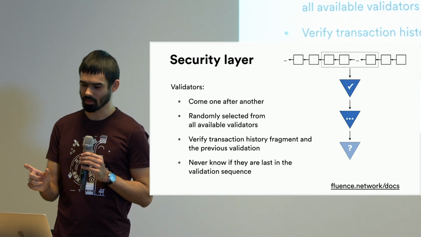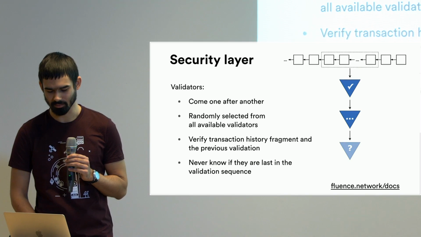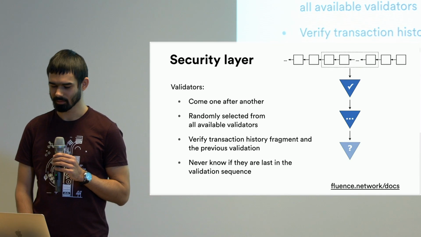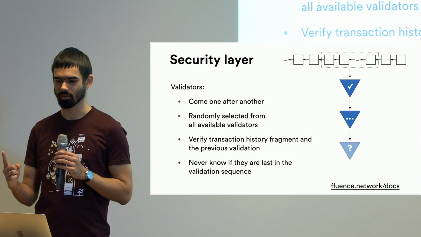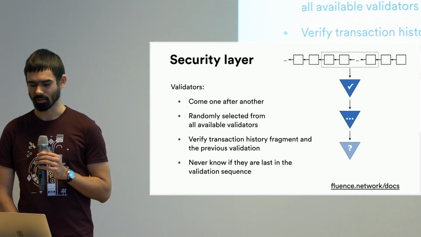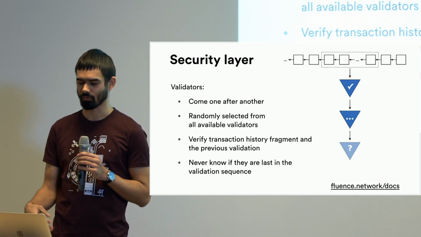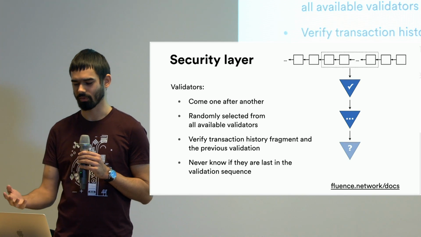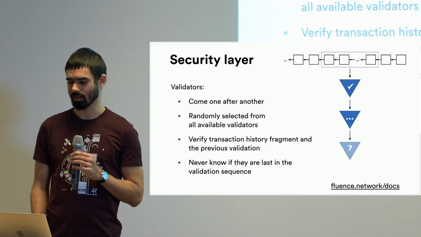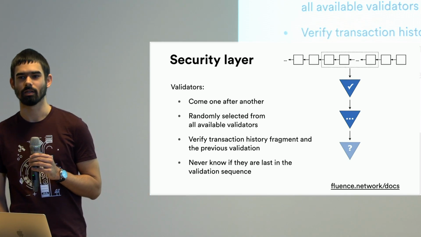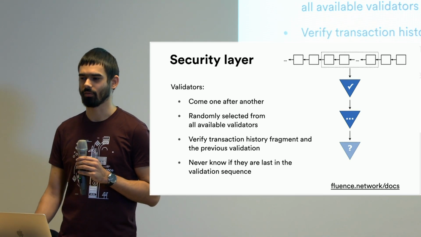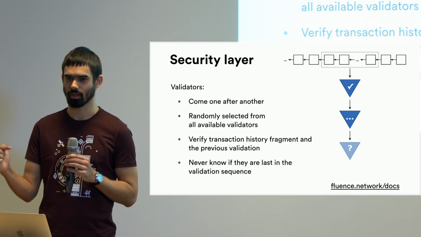A part of the history, a history fragment, is selected and assigned to one particular validator. His duty is to perform verification for all of these transactions. And in case this validator is not the first one, it also verifies the previous validation.